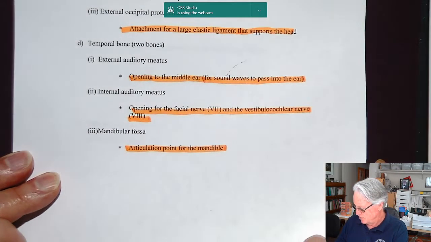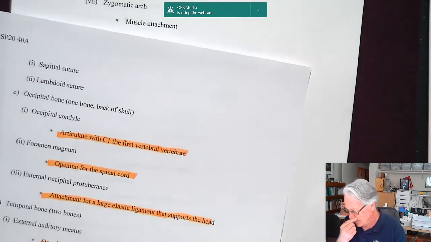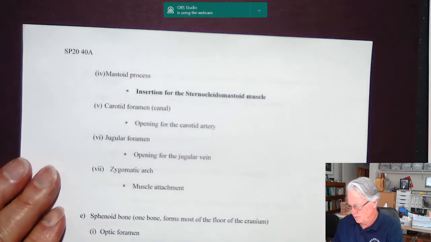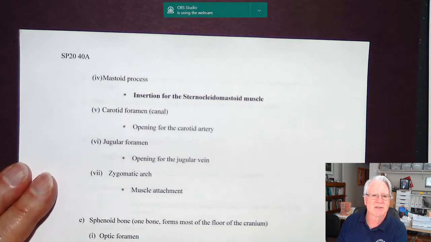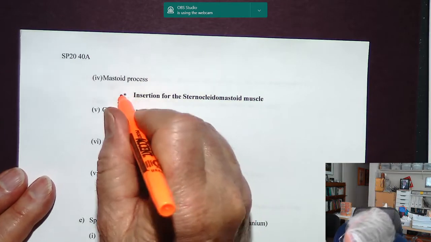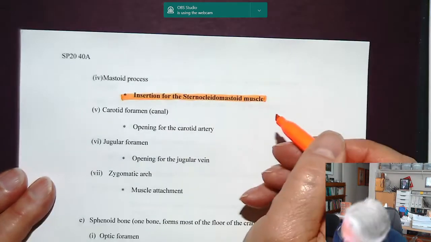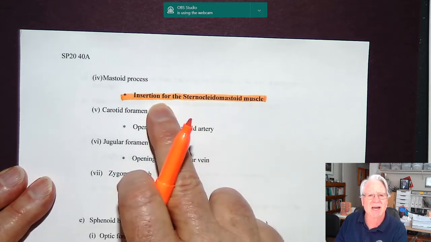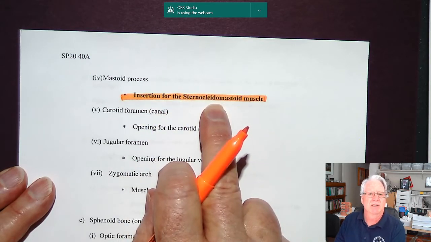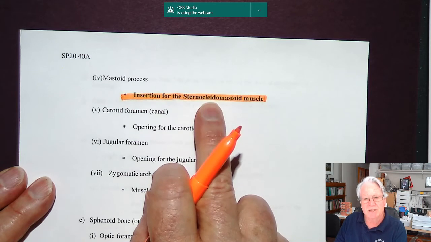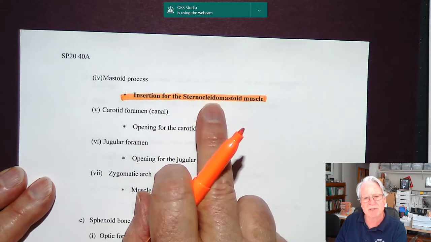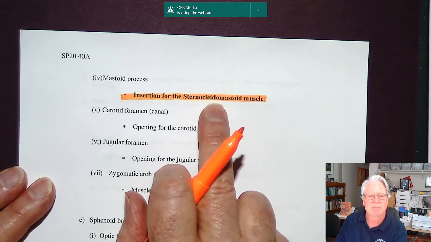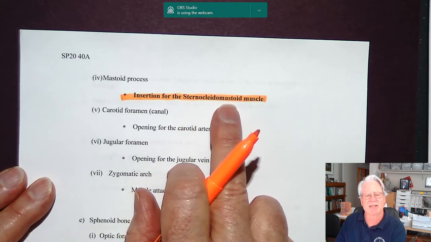And let's see if this continues. Oh. Okay. There's quite a bit happening on the temporal bone. There's the mastoid process, which is the insertion of the sternocleidomastoid muscle. So when you see this dark highlighted function, that's telling you that you're going to be seeing that when you look at muscles. So we will see this structure again when we look at the sternocleidomastoid muscle.